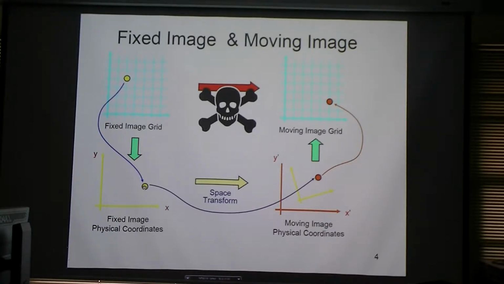So the point here is now here for the moving image physical coordinates. If we show this point in the moving image, now we have the pixel here in the moving image grid. So we cannot show this pixel in the moving image grid without any registration method.